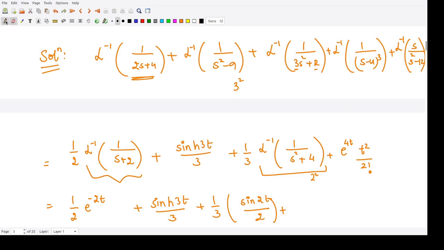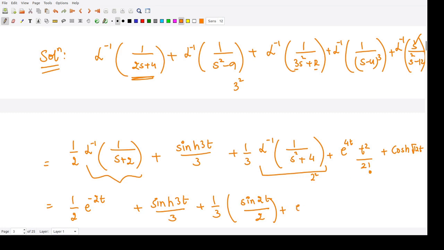And then the Laplace inverse of this term. So because s is present here, that would correspond to cos, and because minus is present here, that would be a hyperbolic function. So that means we have this to be cos hyperbolic square root 12 t.